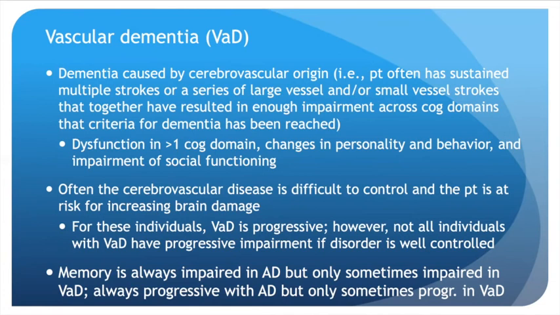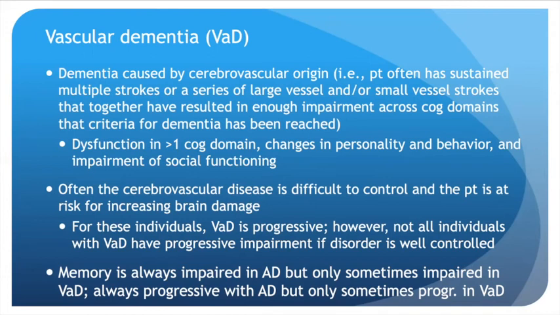So that means dysfunction in more than one cognitive domain, changes in personality and behavior, and impairment of social functioning. Often, the cerebrovascular disease is difficult to control, and the patient is at risk for increasing brain damage due to subsequent strokes. For these individuals, vascular dementia is progressive. However, not all individuals with vascular dementia have progressive impairment if the disorder is well controlled.